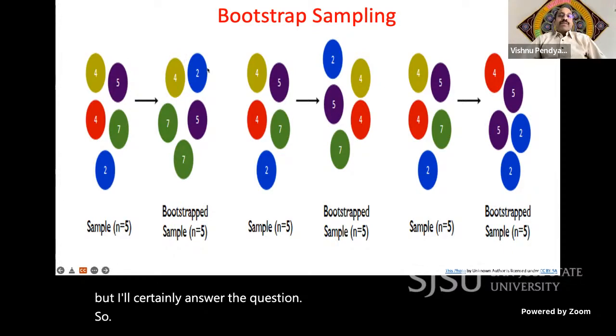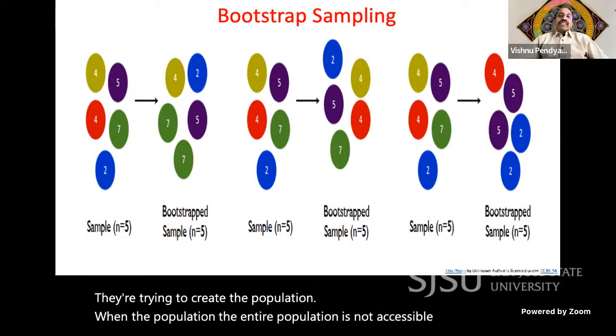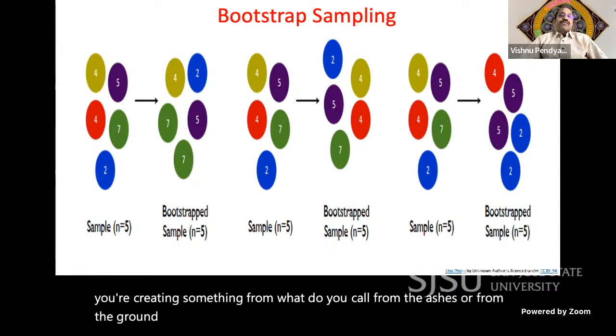So bootstrap sampling essentially means you're trying to create the population when the entire population is not accessible, right? You're creating something from the ashes or from the ground up. That's the meaning of bootstrap. So how do you do that?